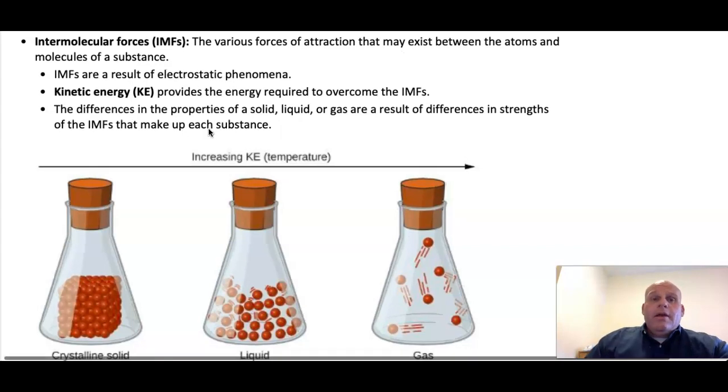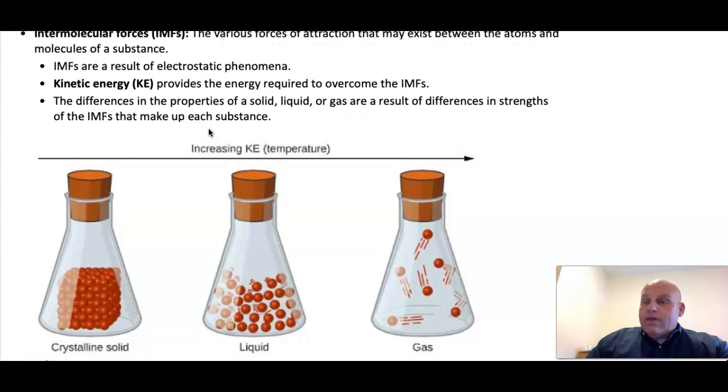This has to do with differences in electrostatics, so forces of attraction between positives and negatives. We talked a little bit about unequal sharing and partial positives and partial negatives, whether it's in bonds or molecules. So those differences in charge will cause these intermolecular forces of attraction.